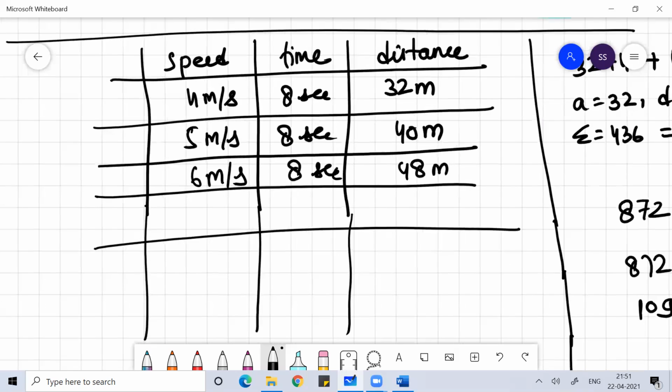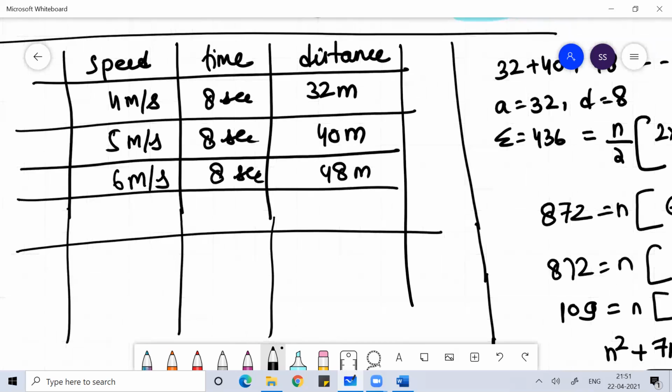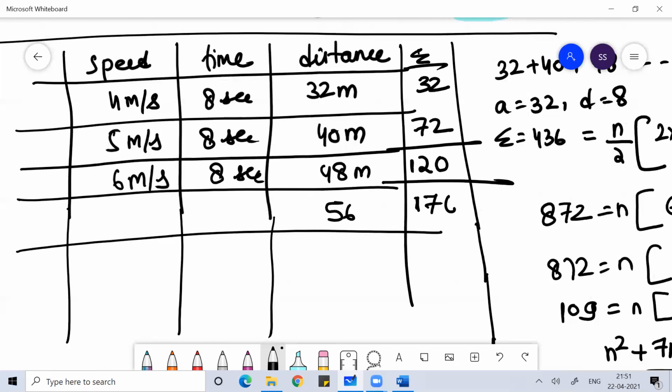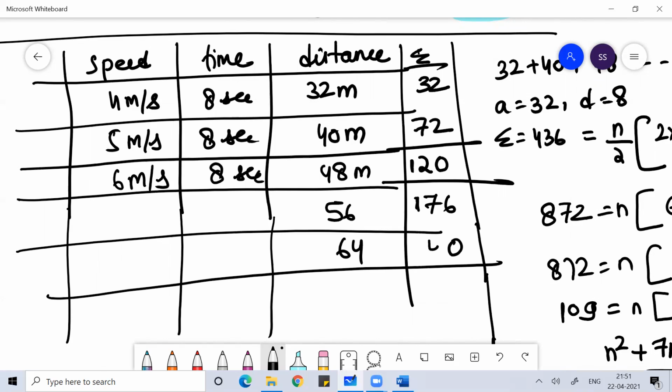Better we do it manually if you can. The total distance, if I find it: this is 32, this is 72, 72 plus 48 is 120. Again, then it will cover 56, difference of 8, so this is 176. Then it would cover 56 and then 64, then it is 240.